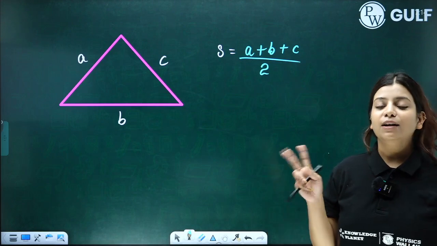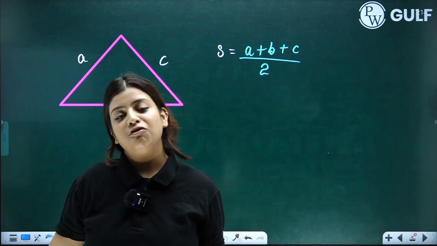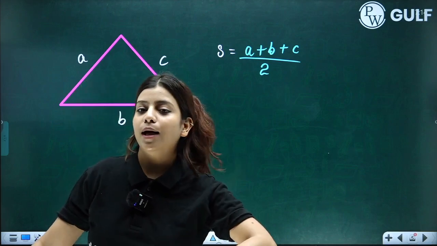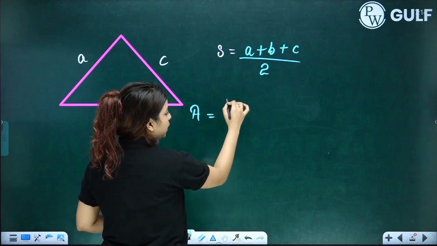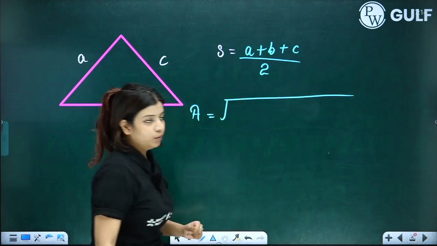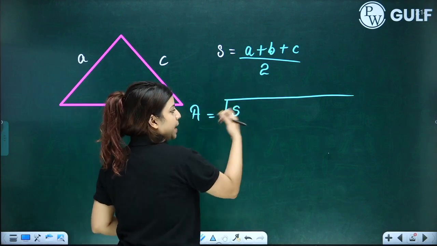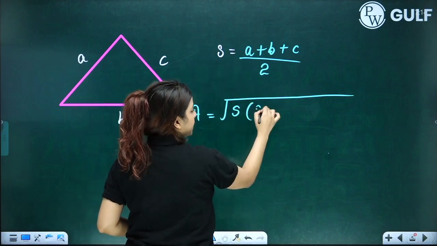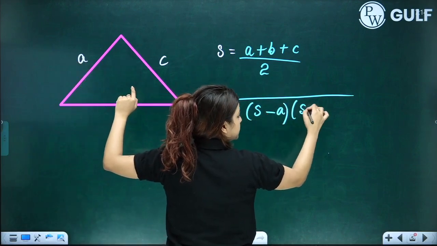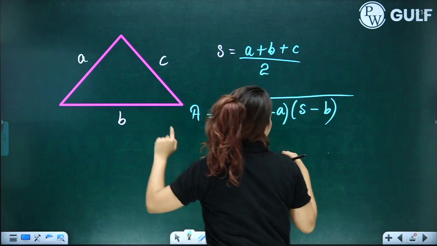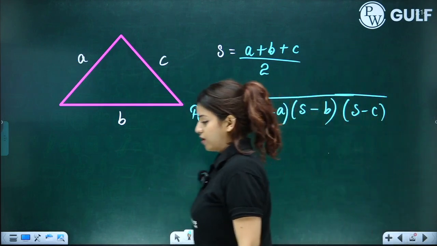The second thing that we have over here is to put this semi-perimeter into a formula through which we can calculate the area of the triangle. So your area will be equivalent to, first of all, a big under root. In this under root, this semi-perimeter, that is s, multiplied by this semi-perimeter minus the first side of the triangle, into this semi-perimeter minus the second side of the triangle, into this semi-perimeter minus the third side of the triangle.